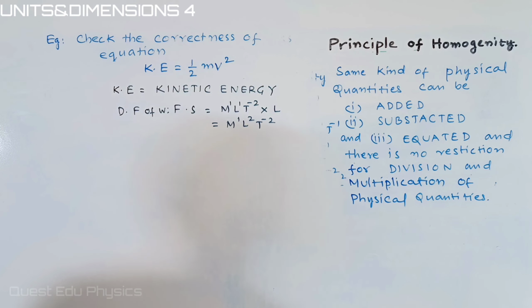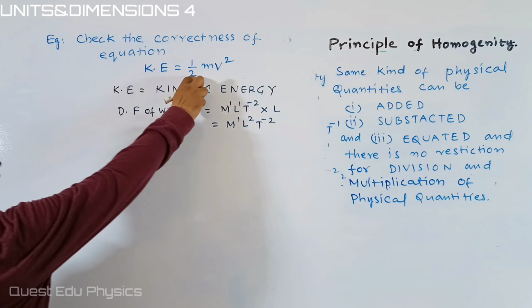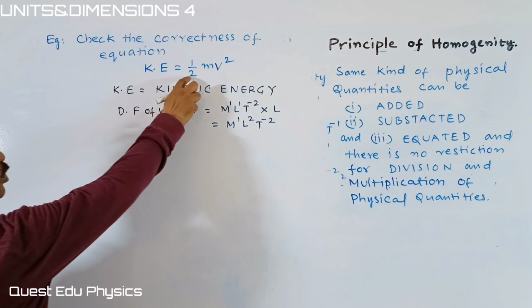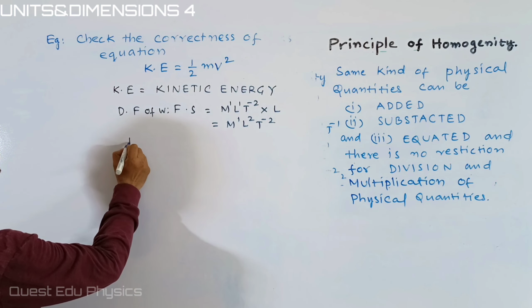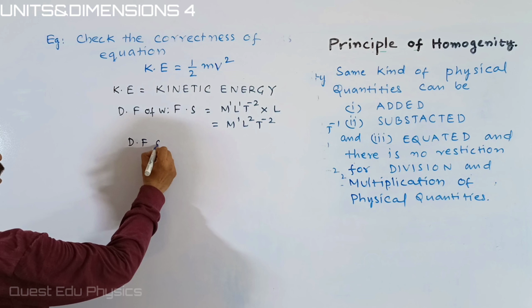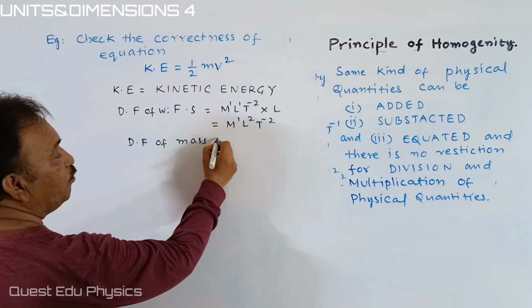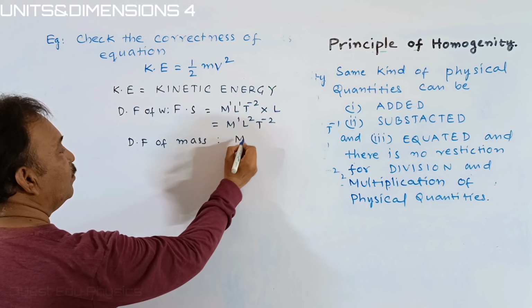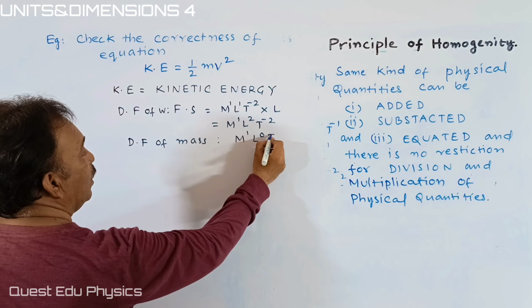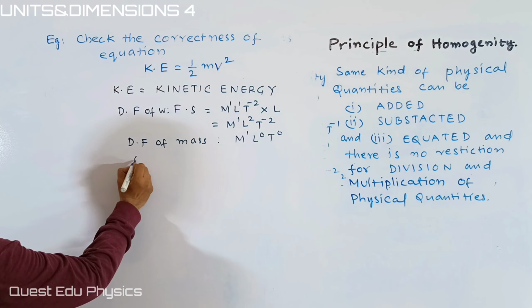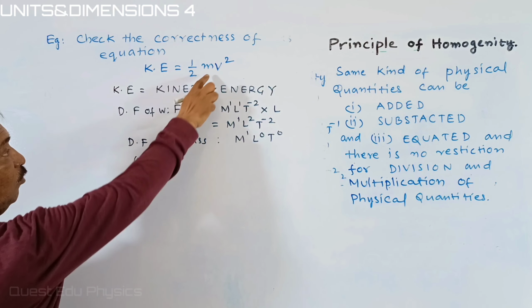Okay, students, we have to show it equal to half mv square. Numbers don't have any meaning in it. And we are writing the dimensional formula of mass, another physical quantity I am taking. It is M1 L0 T0. Then the dimensional formula of velocity.